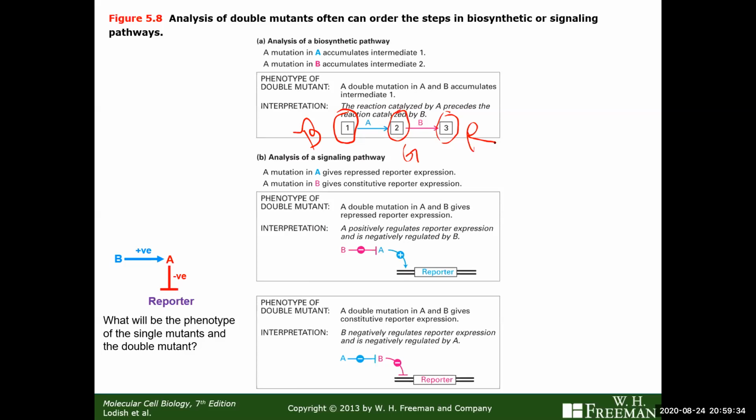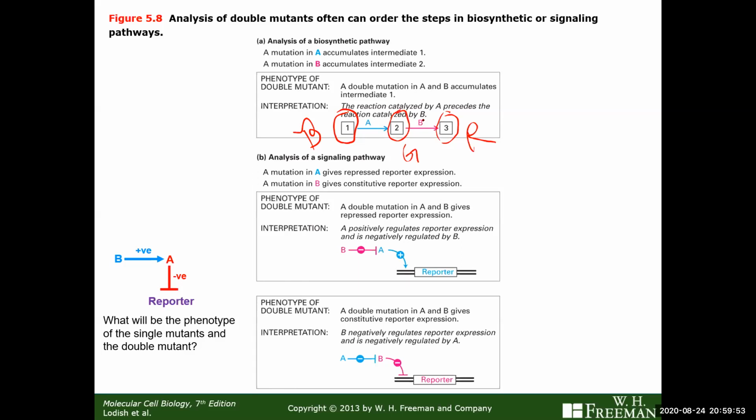And if gene B is mutated, then substrate 1 will be converted to product 2, which is green in color, but that will not be consumed. So the green colored product will accumulate.